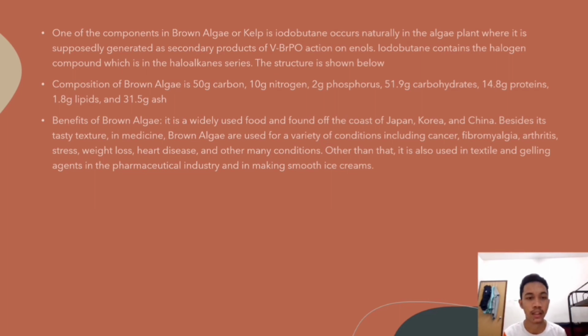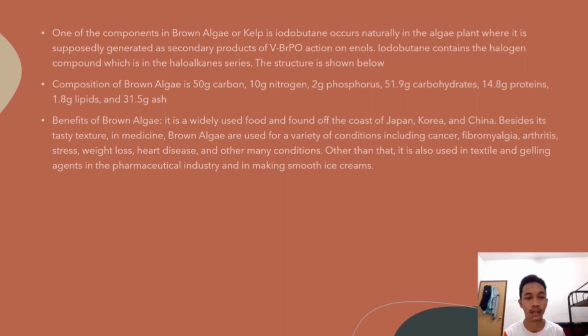One of the components in brown algae is iodobutane, which occurs naturally in the algae plant, where it is supposedly generated as a secondary product of vanadium bromoperoxidase action on alkenes. Iodobutane contains a halogen compound, which is in the haloalkane series. The structure is shown below.